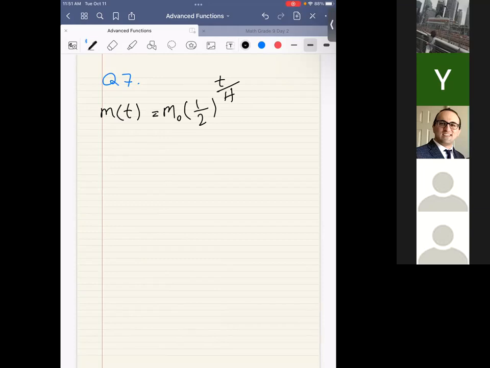So m of t is equal to m0 times 1/2 to the power t over 2, since the half-life is 2 years. And we know the initial mass is 500.